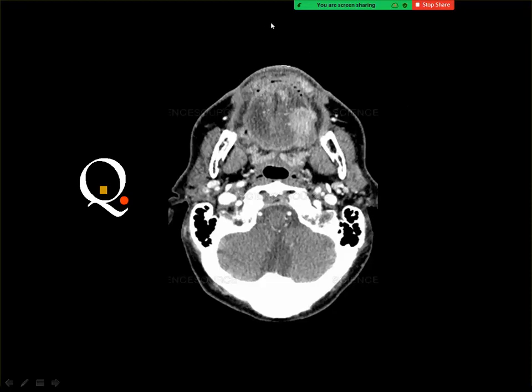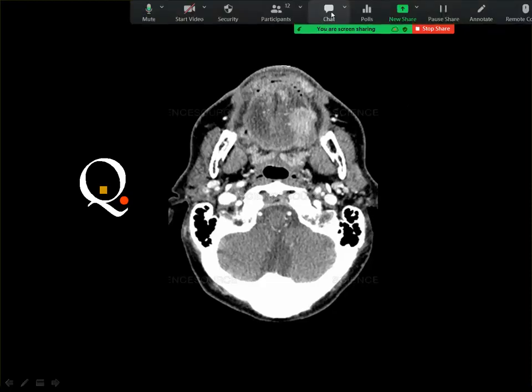The next case is a post-contrast scan at the mouth floor and the level of the oropharynx.